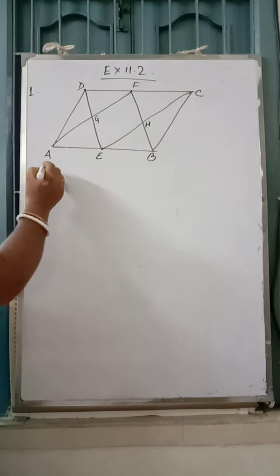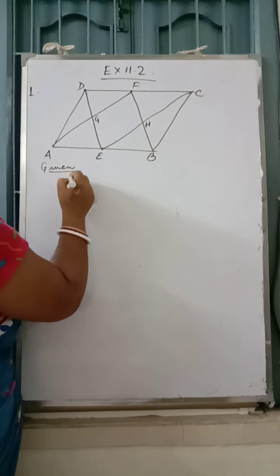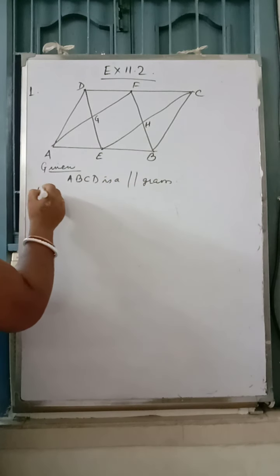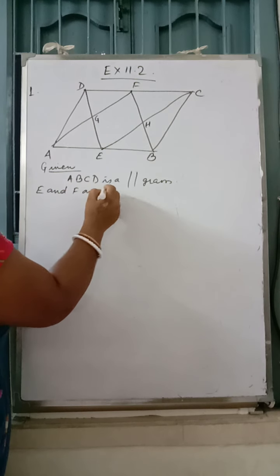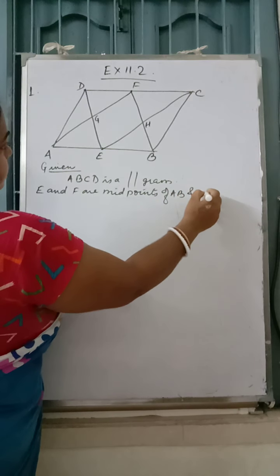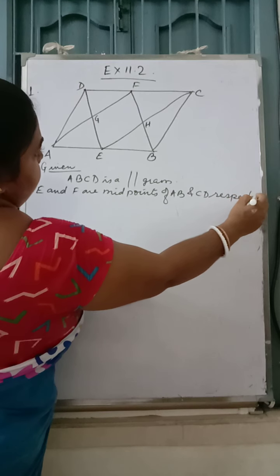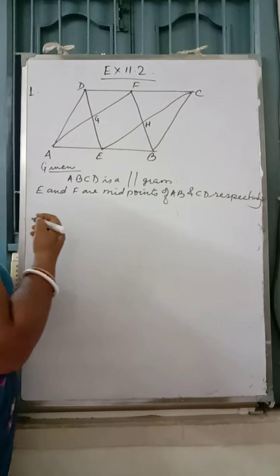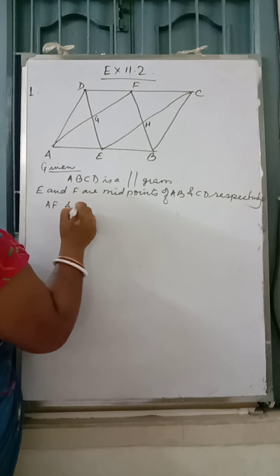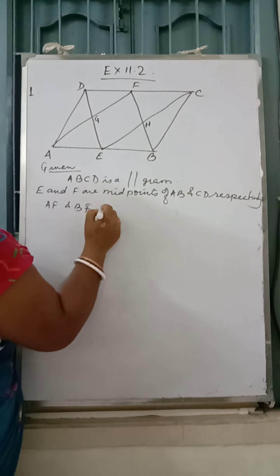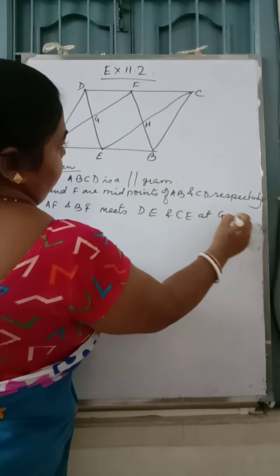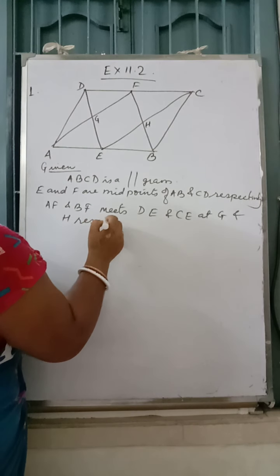Prove that, given ABCD is a parallelogram, E and F are midpoints of AB and CD respectively, AF and BF meet DE and CE at G and H respectively.